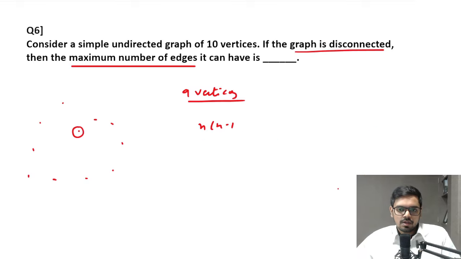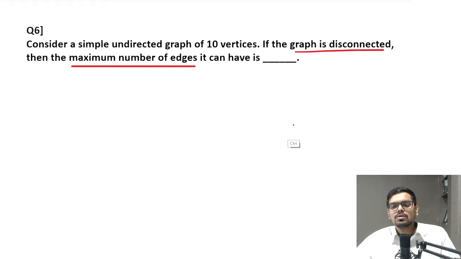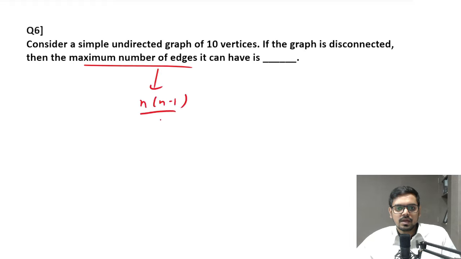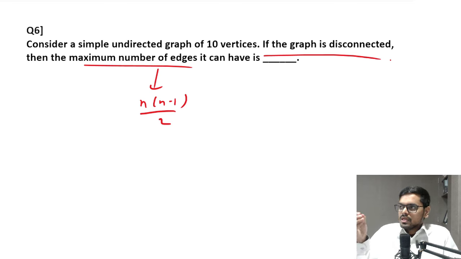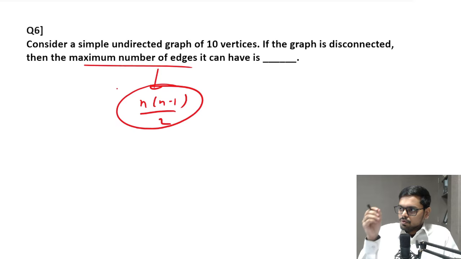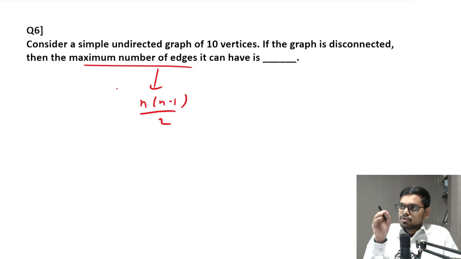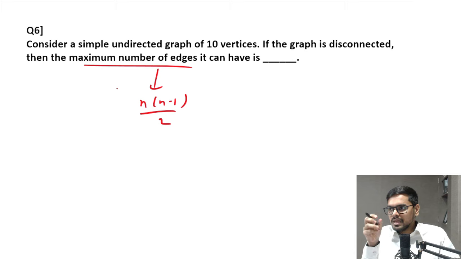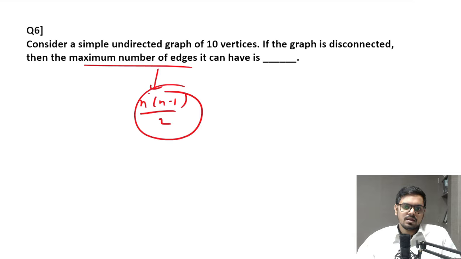The other way to solve is, you will say, in general we know that if this condition was not there, then the maximum number of edges is n into n minus 1 by 2, right? Now they are saying that if the graph is disconnected, there would be one vertex which I should isolate. If all 10 vertices are connected to each other, that is the general formula.